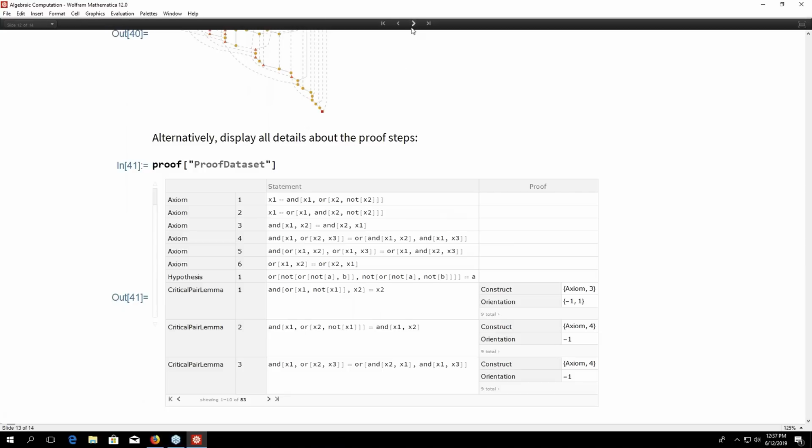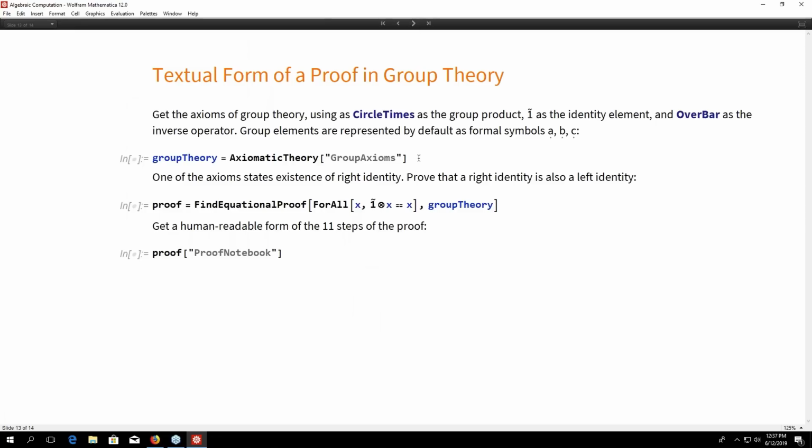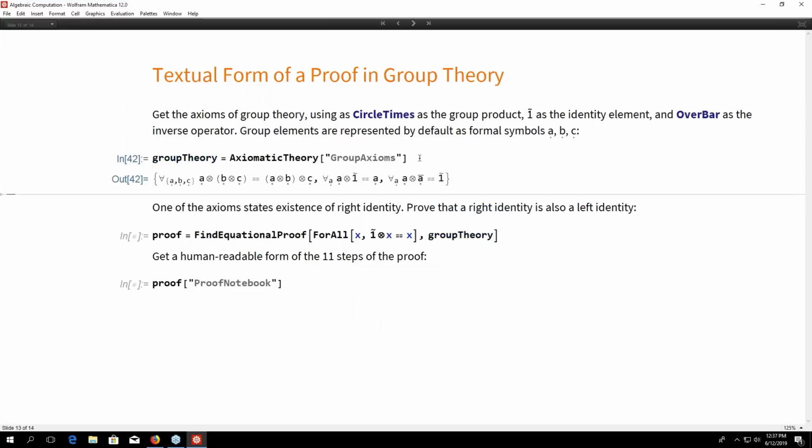And here in the second example, let me show a proof. So here we have the axioms of group theory. So we have an axiom for the right-hand side unit, and now we can show that the right unit is also a left unit.